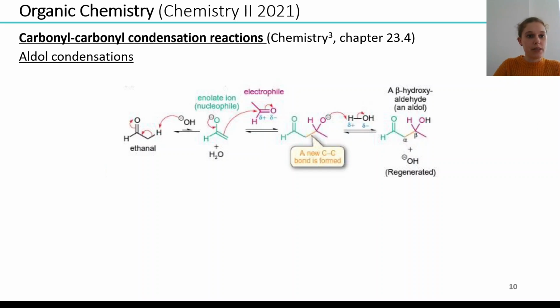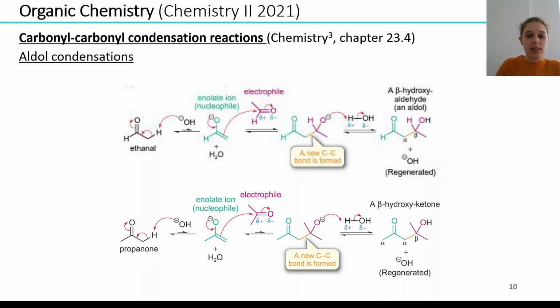If we now compare the aldol condensation of an aldehyde with that of a ketone, we can directly see that we have exactly the same reaction mechanism. So we start with a deprotonation of a hydrogen at alpha position, this time on a ketone, and hereby we form water and an enolate ion.